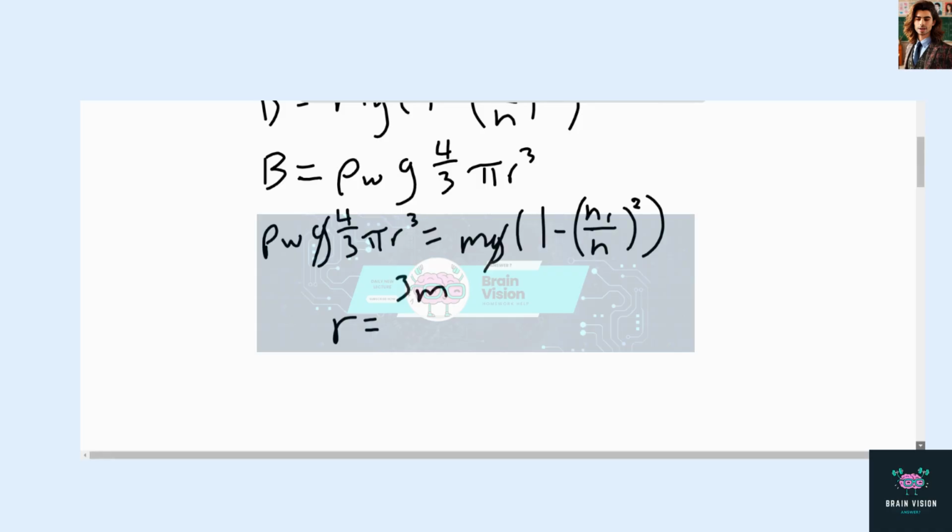3m, because we have 4/3, we'll take the reciprocal of that. So 3m divided by 4 pi times rho w. We'll need a parentheses out the front here. And then, all of that is times 1 minus n1 over n, and that is squared.